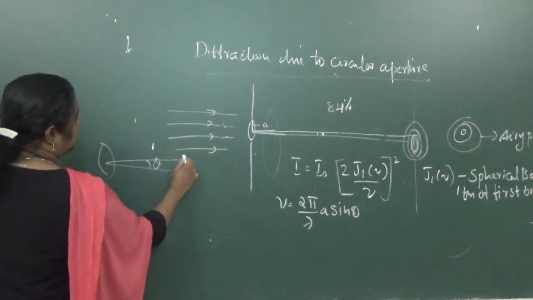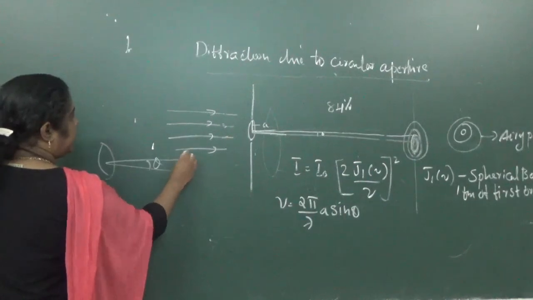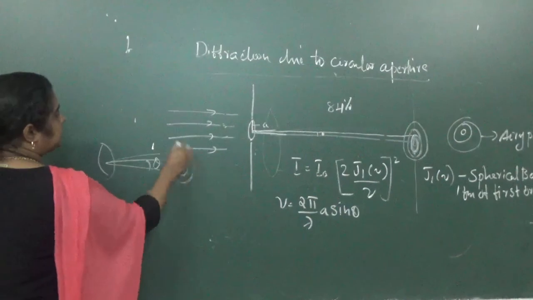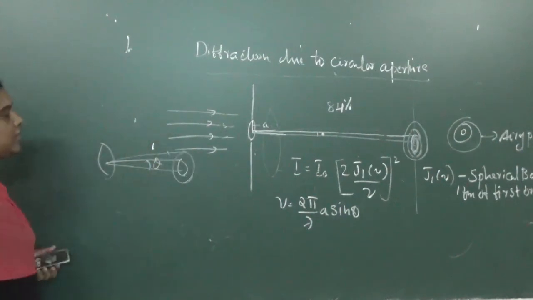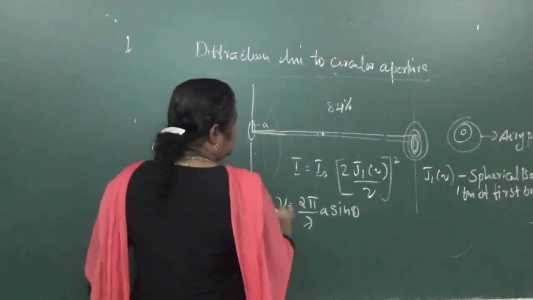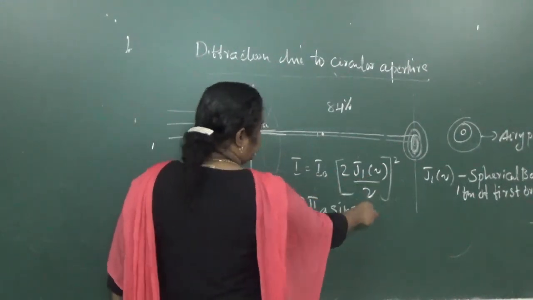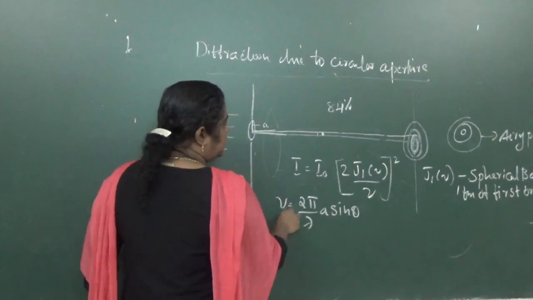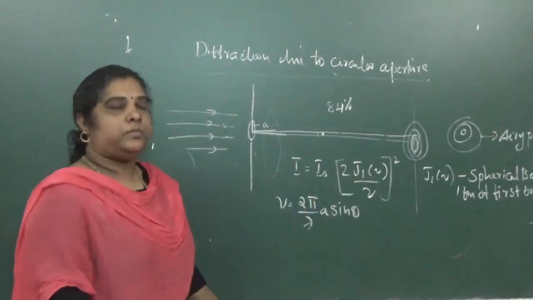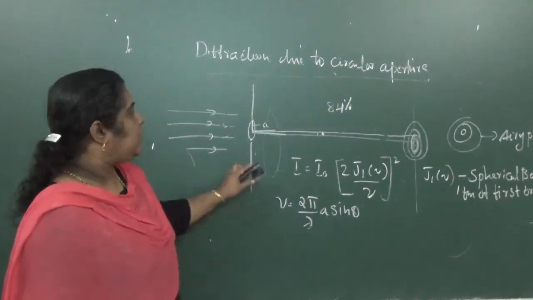So you are getting dark and bright fringes. You have another theta for the next ring, then a different theta is there. So here nu is equal to J1 nu by nu, where nu is equal to 2 pi by lambda a sin theta. That's all about this circular aperture.